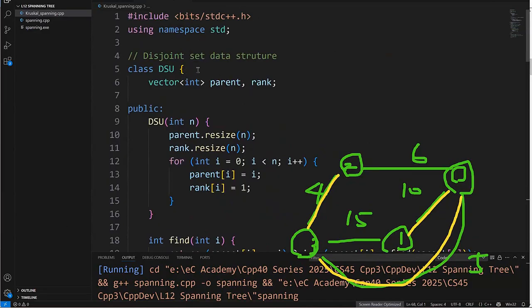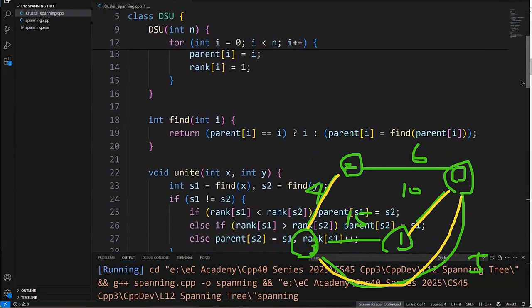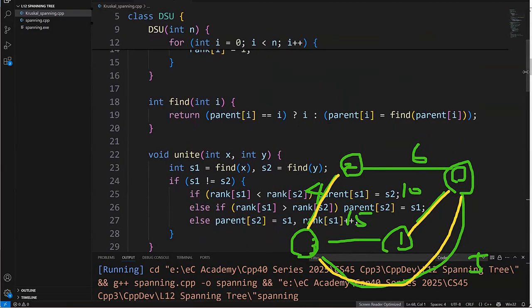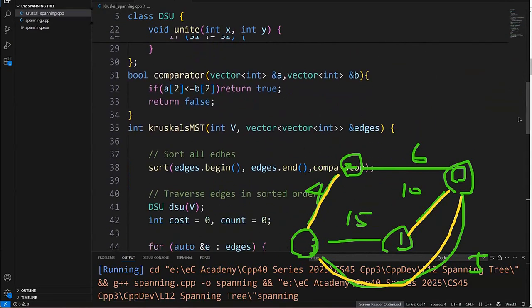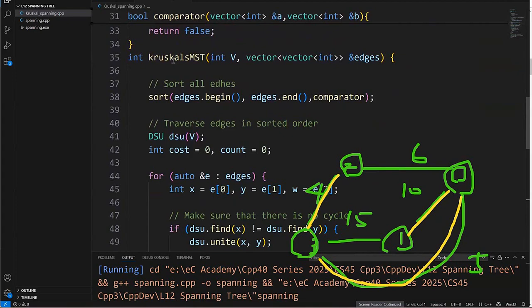There is a class called DisjointSet. DisjointSet has a vector of parent and rank, and a constructor. Parent is your parent set, and rank is the ranking. There is a find function, and a unite function connecting two nodes, and then there's a comparator.